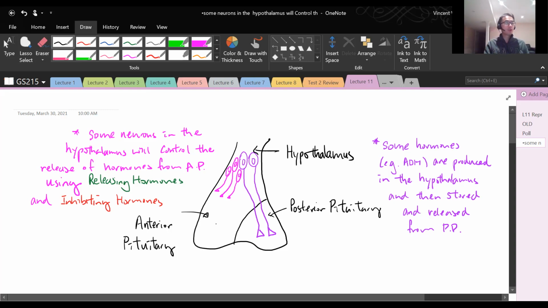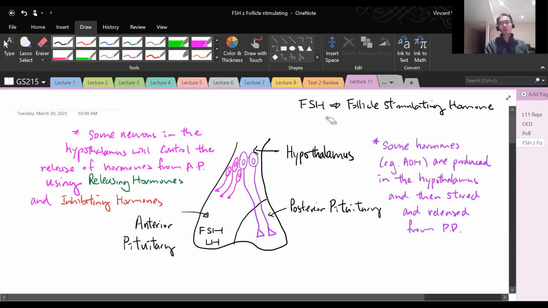So Colleen said FSH, that's correct, and LH. For those of you who need a reminder, FSH stands for follicle stimulating hormone.